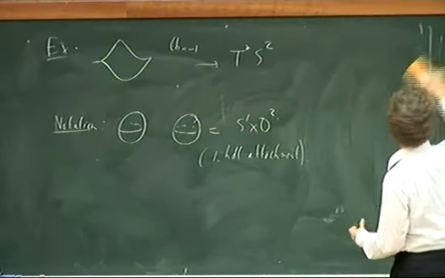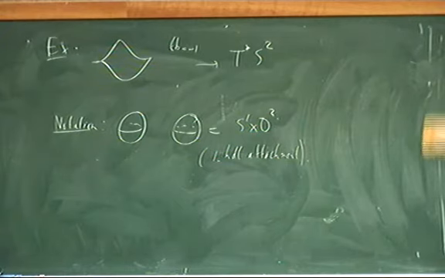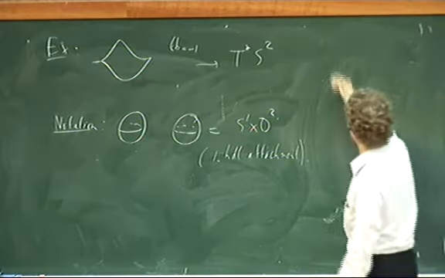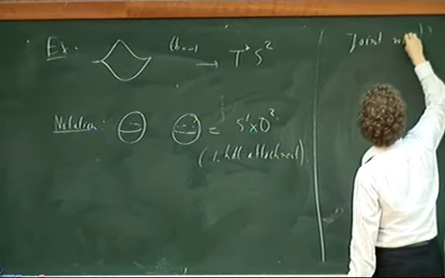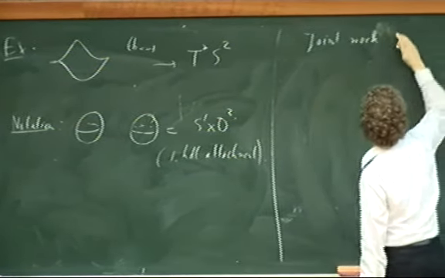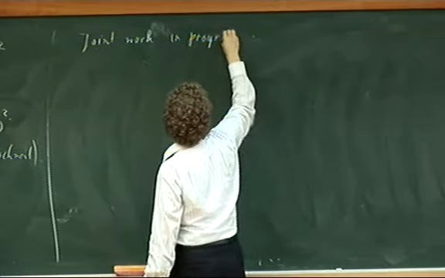Okay, now I can come to the diagram for 5-manifolds. Before I forget, I should say that this is joint work in progress, unfortunately, with Van Ding and Hansjörg Geiges.